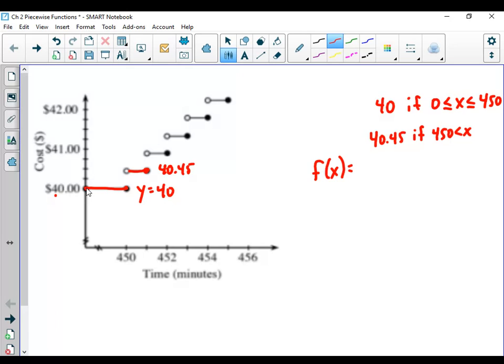And it's per minute, so until we get to 451. Then that pattern continued. We had to pay an extra 45 cents, and now it's $40.90. That happened for the next minute, so greater than 451, less than or equal to 452.